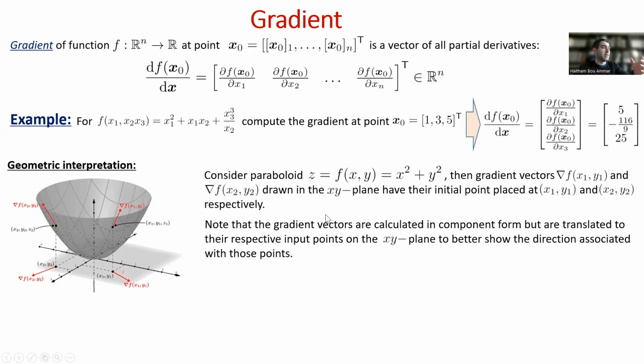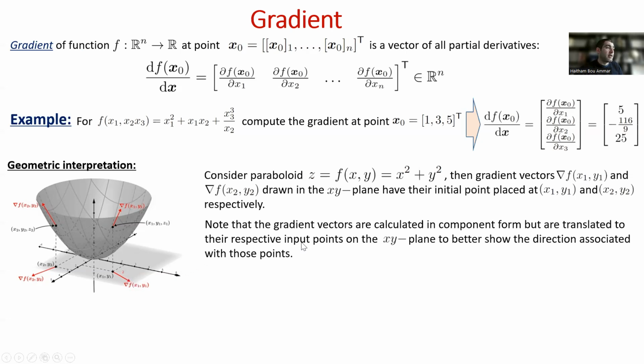The function z will act on two-dimensional Euclidean space, so it will take a two-dimensional vector and output a value. Therefore the gradient will also be a two-dimensional vector.